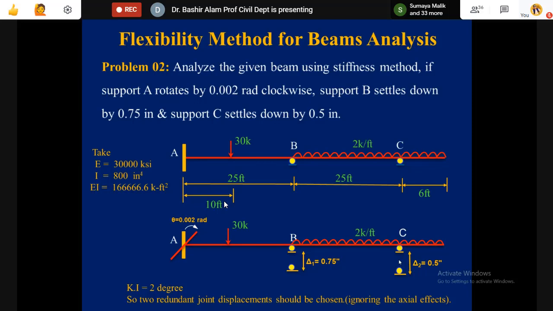Or, if you don't have any question, we have 2 options now: either to continue with problem number 2, or if you want to go and review and prepare this and come in the next lecture and start asking me questions, and then we can complete this beam analysis by the stiffness method.